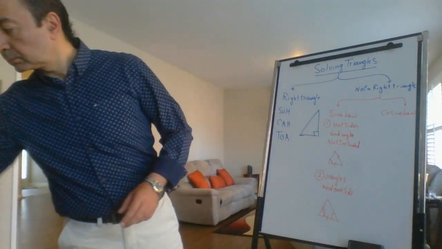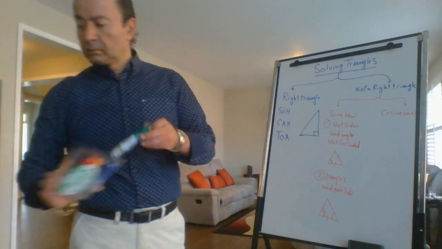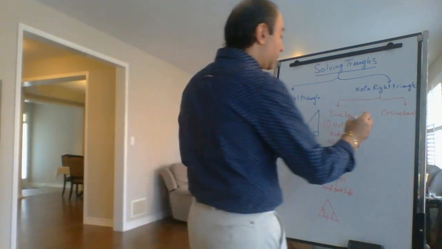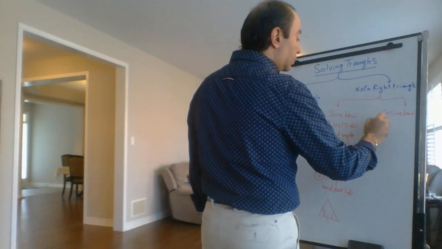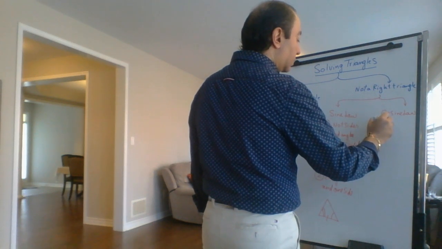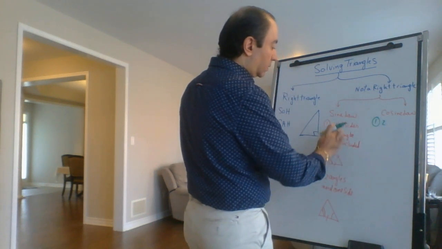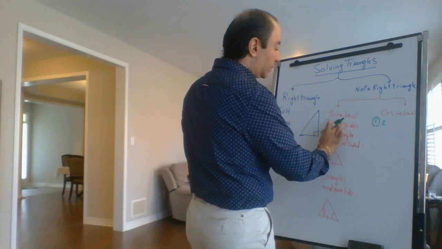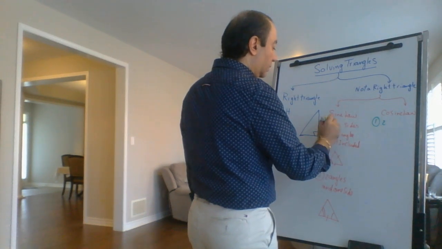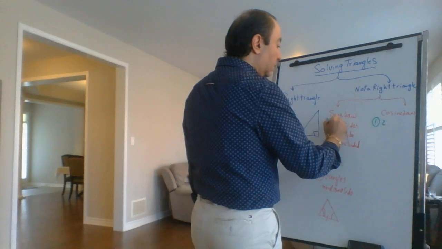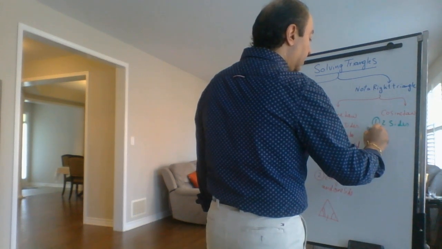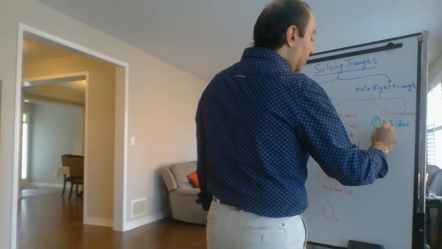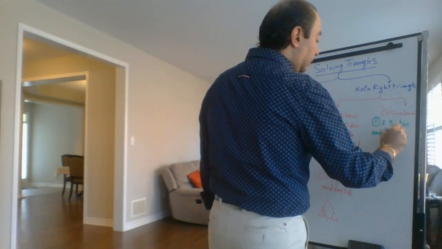Cosine law, we use it in two cases. One, if we know two sides and the included angle.